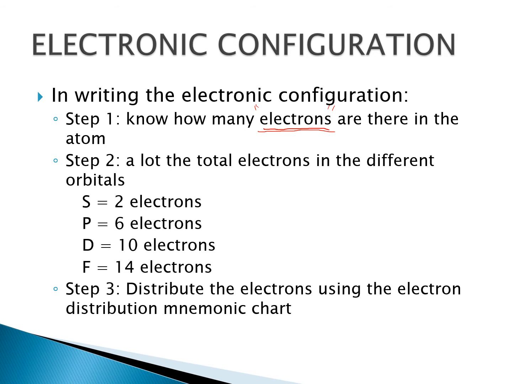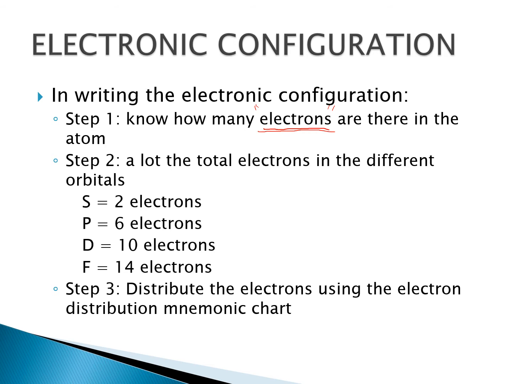After knowing how many electrons we have, we will proceed with step number 2. We will allot the total electrons to different orbitals. What do we mean when we say allot? It's like we will budget the total number of electrons to the different orbitals that exist per energy level.